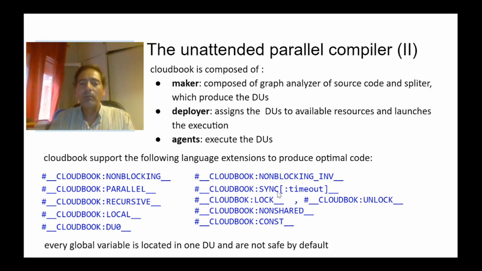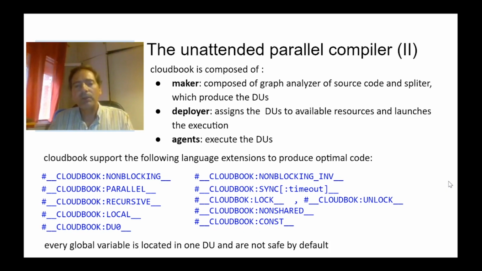So you have some elements to produce a parallel execution, also to create global variables, also to create critical sections, and so on. So the knowledge needed to create these parallel programs is very reduced. You can create a program right from the beginning because you don't need special and heavy training on the Cloudbook tool.